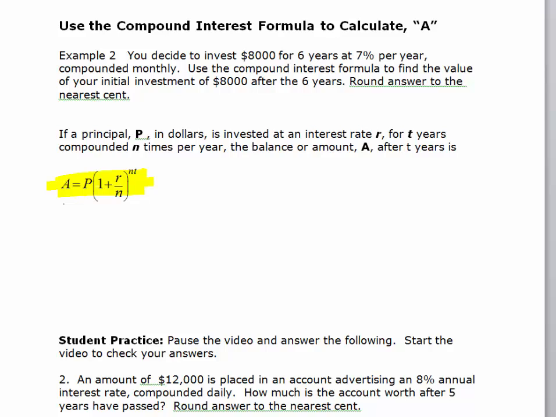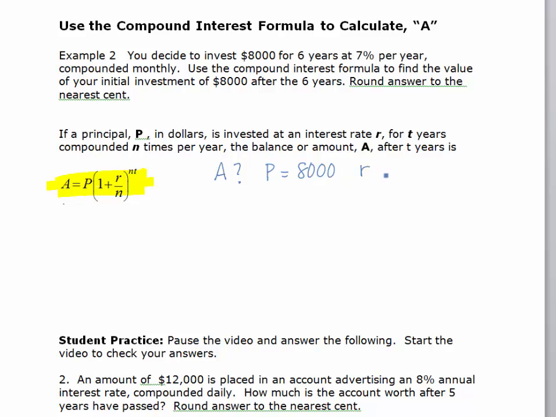So we want to identify the different variables. And since there are more here, I'm going to list each one. A is our amount, and that's actually what we don't know. That's what we're trying to find out. The question said we want to find out how much the value is worth after 6 years. That would be A. P in this case is equal to 8,000.